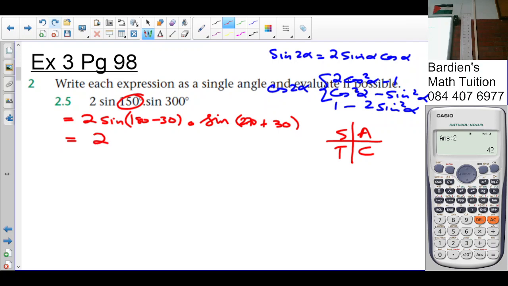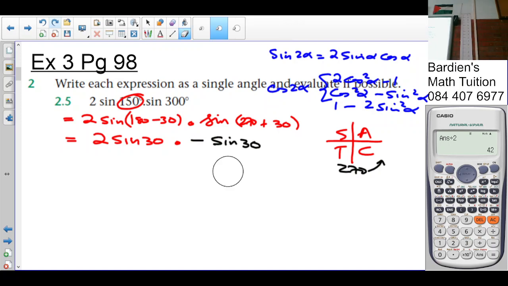So it's going to be 2 sine 30 degrees times cos of 270 plus 30, which quadrant is that in? 4. Is cos positive or negative? Negative. Yes, absolutely cos. You don't even give me a chance to make a mistake. I shouldn't be making a mistake.